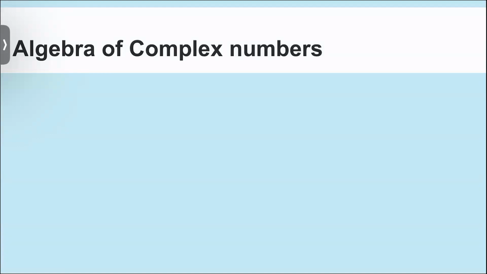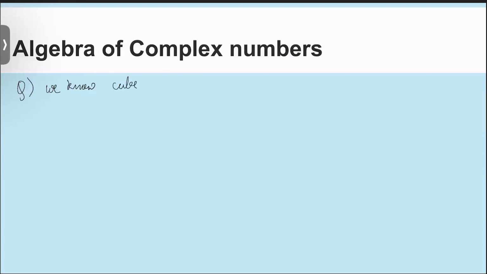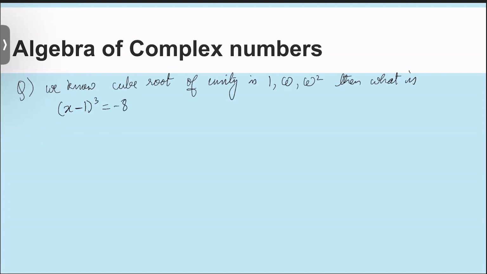So, question: we know the cube roots of unity are 1, omega, omega square. Then, if x minus 1 whole cube is equal to -8, what is x?